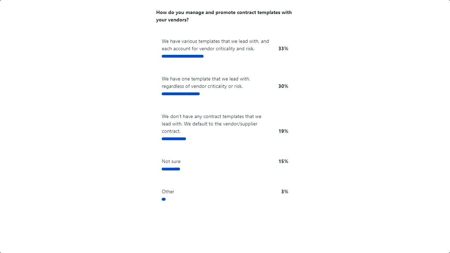Maybe there's been some regulatory changes since that contract was put in place, possibly some privacy law changes, or anything like that that might have taken place since you first put that contract in place. And so maybe it's time to, even if you can't do anything about it right then, make a note of what changes do need to be made with this contract at the time of renewing or extending the term.